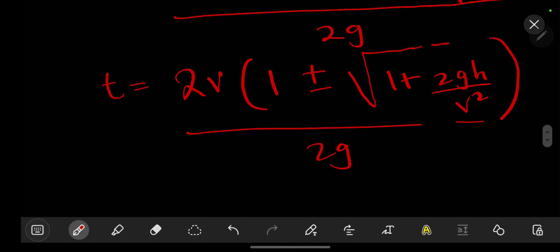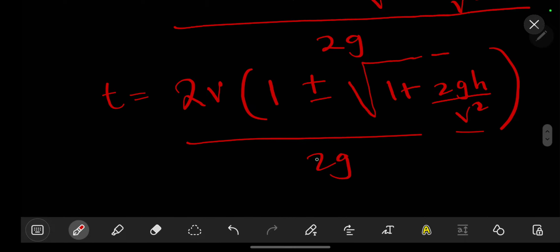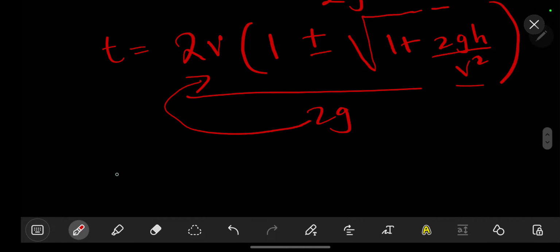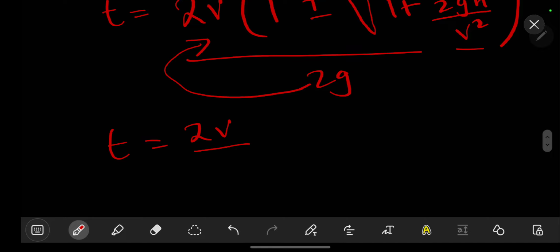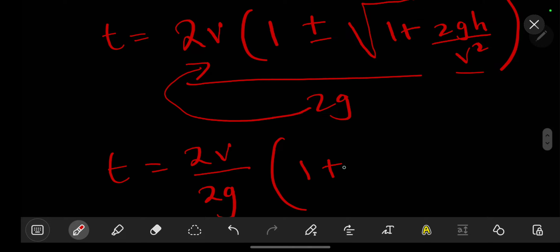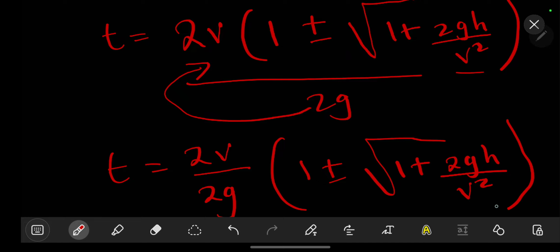Now when you do this, since these are in brackets, you can just move this number here. So this is the same as having t equal to 2v over 2g, like that, times 1 plus or minus the square root of 1 plus 2gh over v squared, like that.